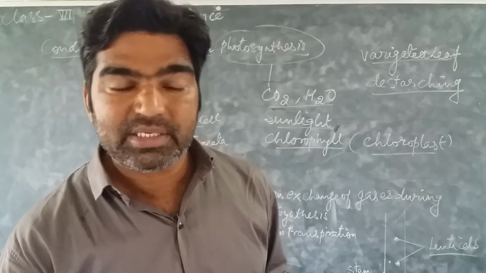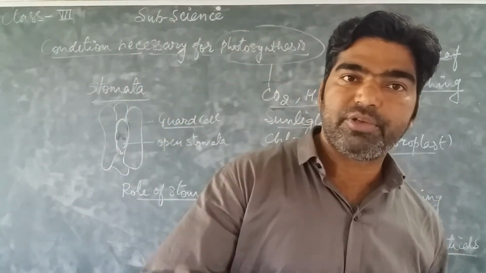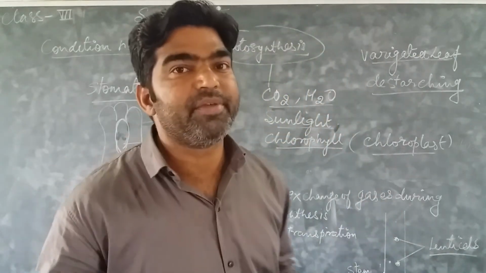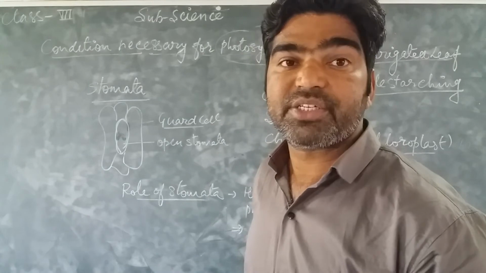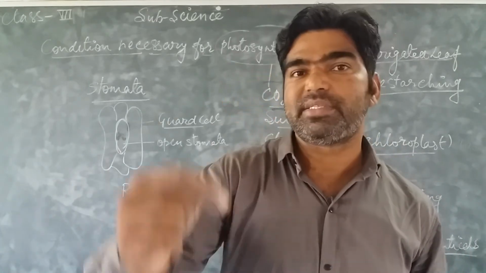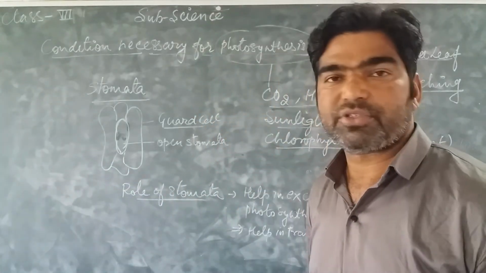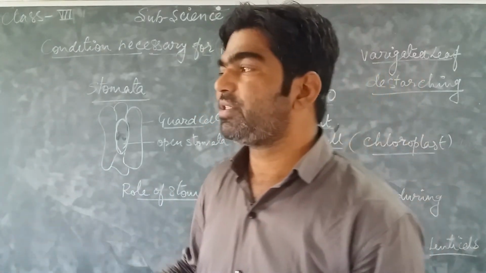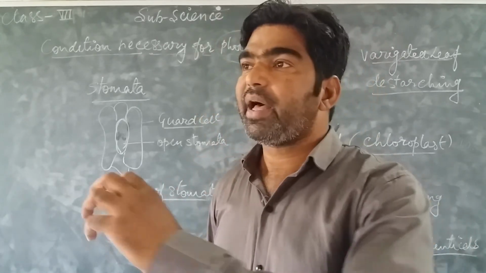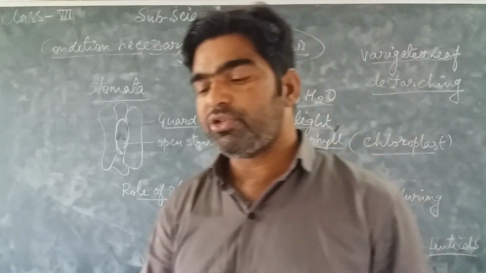Next thing, oxygen. Oxygen is produced during photosynthesis. In the previous class, we discussed the chemical reactions of photosynthesis. In that we saw that oxygen is also released during photosynthesis. So photosynthesis is the process by which the purification of air takes place.